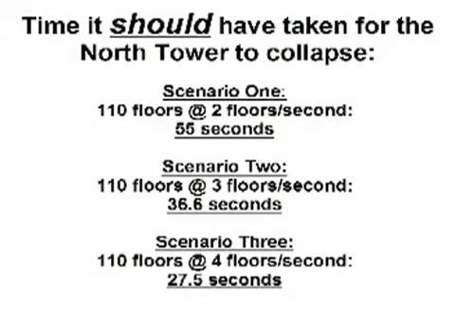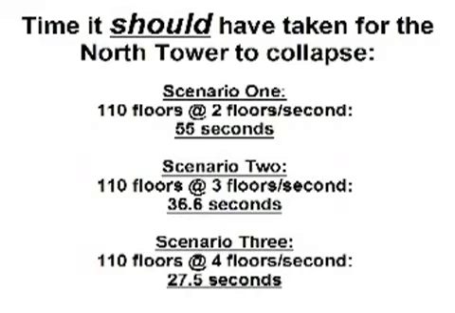In scenario 1, had 2 floors failed each second, the whole tower would have taken 55 seconds to collapse. In scenario 2, had 3 floors failed each second, the whole tower should have taken 36.6 seconds to collapse.